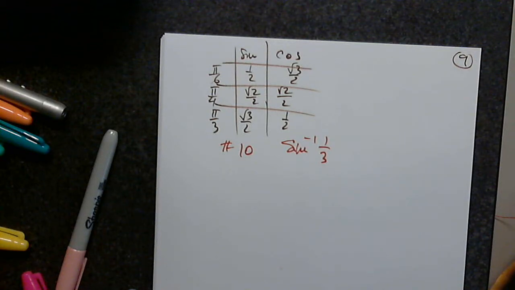Because the mode is in radian mode, when I hit enter, I will get an angle in radians. If I don't want an angle in radians, I will change the mode to degrees. And now I go back and press enter. And I get 19.47 degrees.